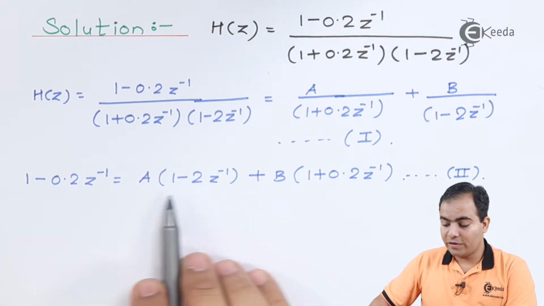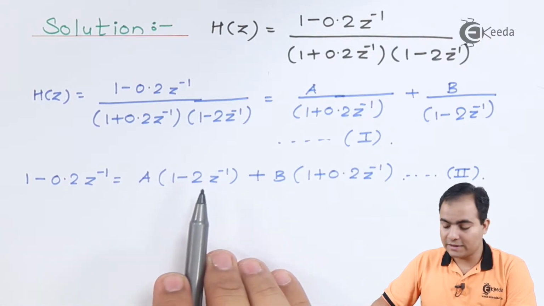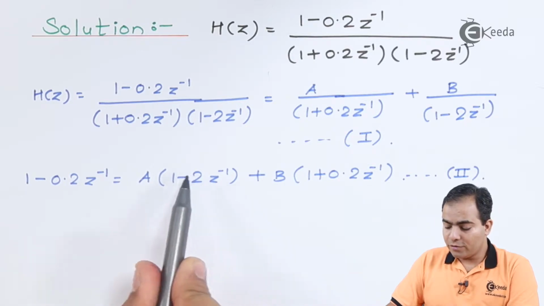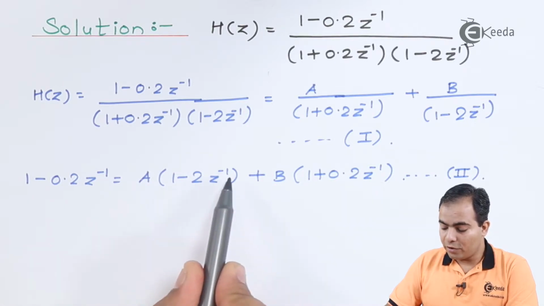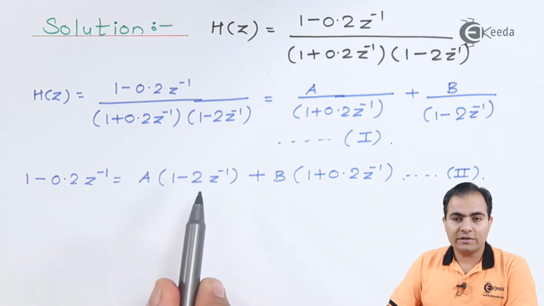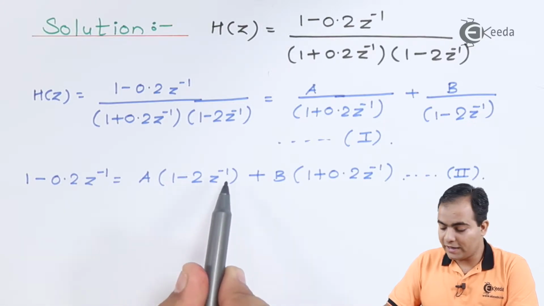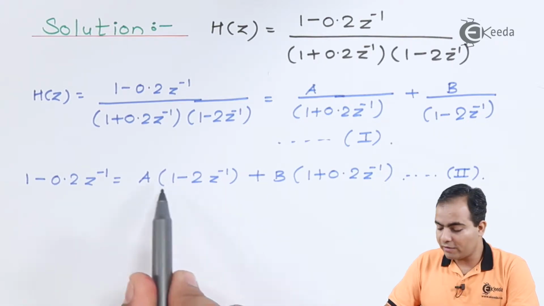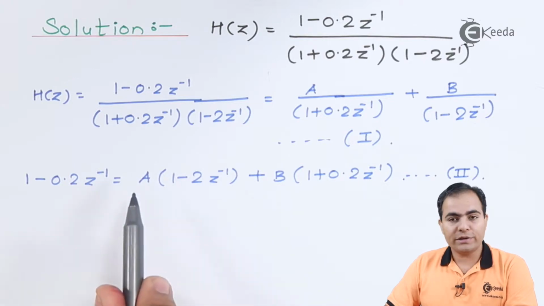Now we have to calculate the values of A and B, and for that we need to substitute Z inverse values. If we want to remove A, we have to obtain 2 Z inverse equal to 1. So if I substitute Z inverse equal to 0.5, then 0.5 into 2 gives us 1, and 1 minus 1 gets cancelled, the result is 0, and 0 into A is 0.